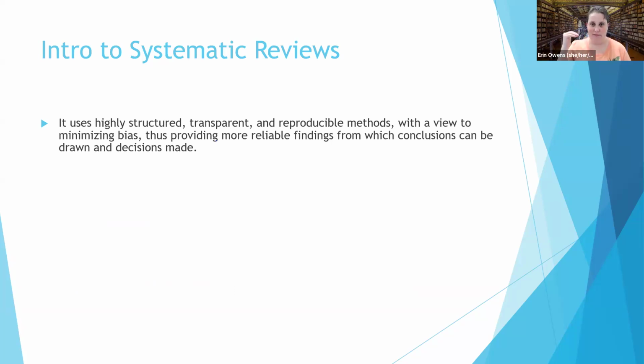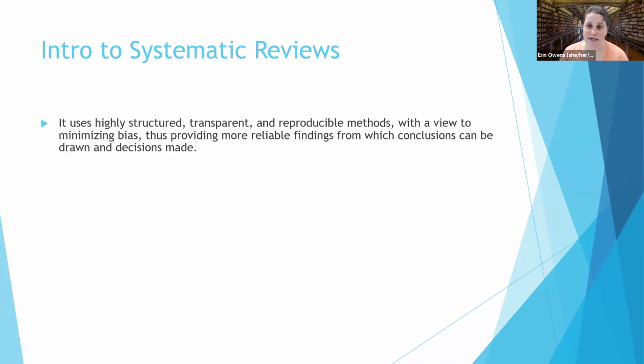We have to be able to document every single move that we've made, every two things that we've combined in the same way so that another person could reproduce the search process that we've done. They can go to the same databases, put in the same search terms, apply the same criteria, and they should be able to come up with essentially the same literature that we came up with. We want it to be a step-by-step reproducible protocol.